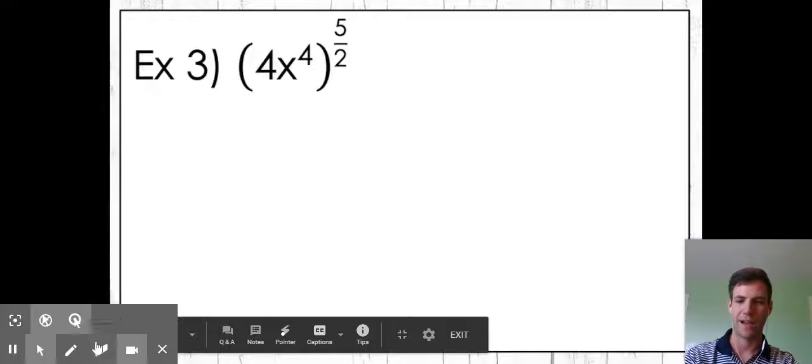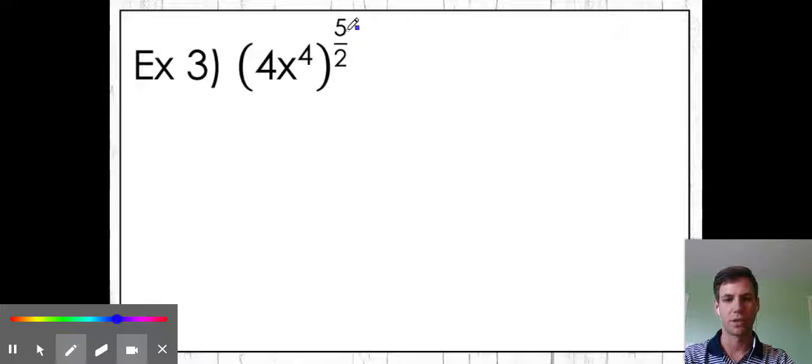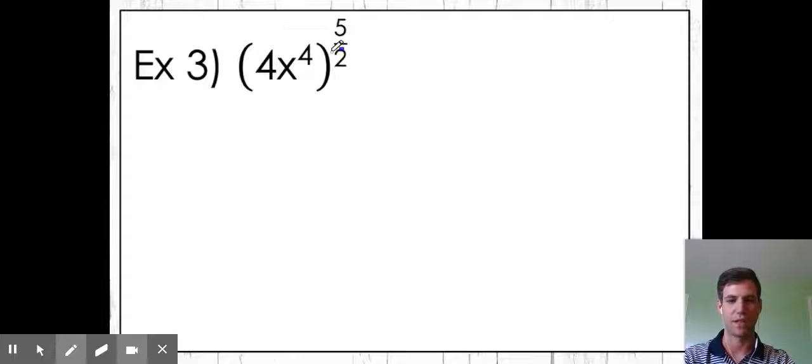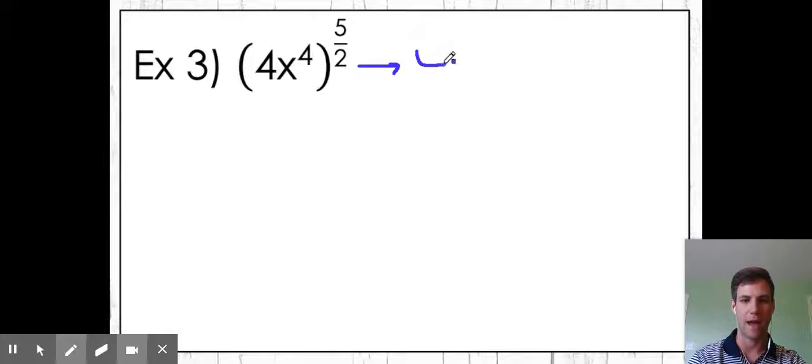Actually, the first thing that I'm going to do is distribute that 5/2 to the two things in here, since I won't then have two different things under my radical symbol. So that means I have 4 to the power of 5/2, which we can deal with on its own. And now we have x, since this 5/2 went to both things in here. Whenever you're putting an exponent on top of another exponent, that means you have to multiply those powers.